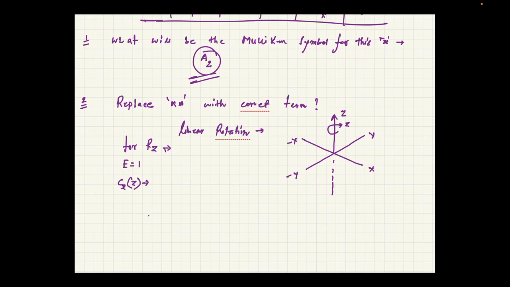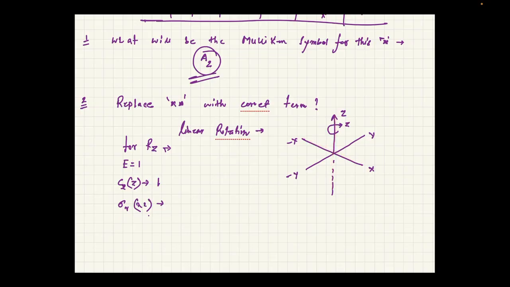That means the character will not be changed, so this will be 1. Now sigma v xz. This is the vertical plane, where this is x and this is z.